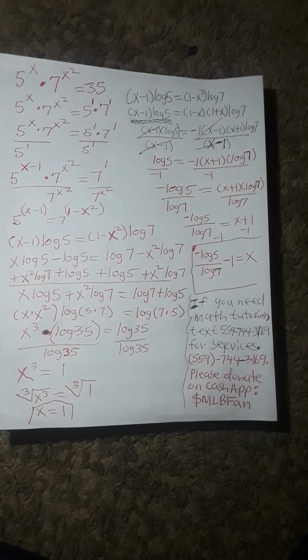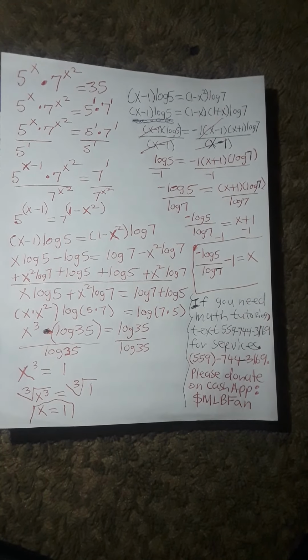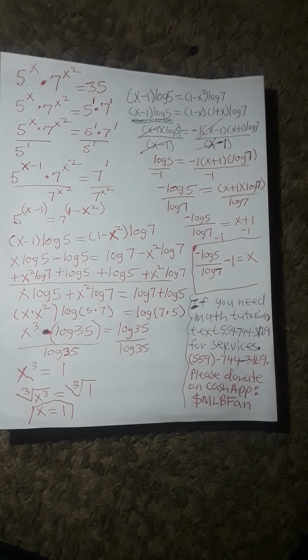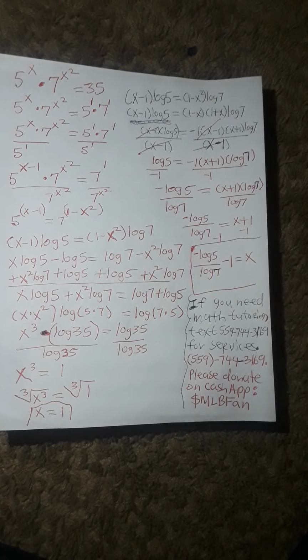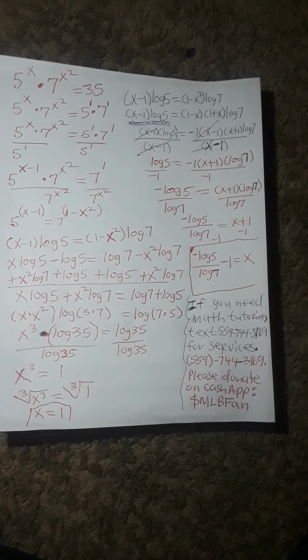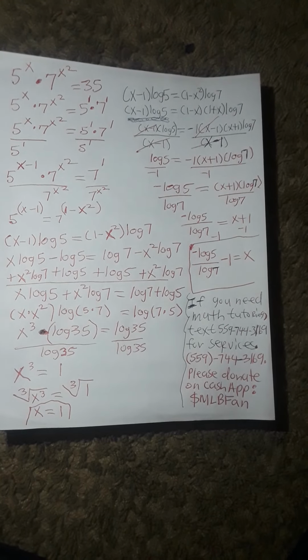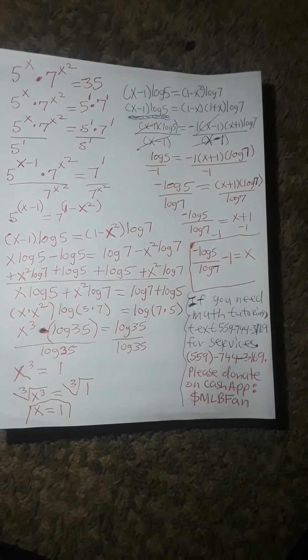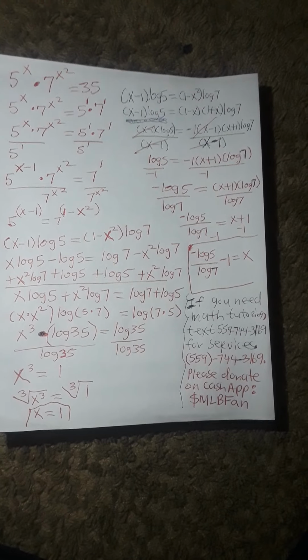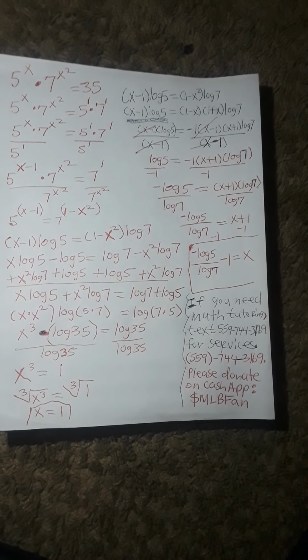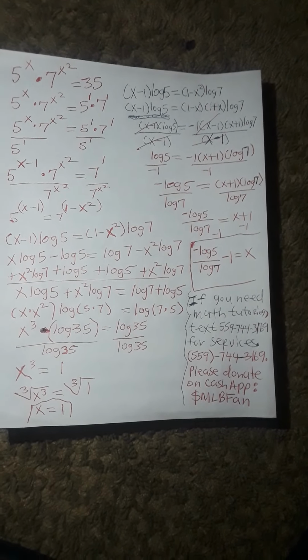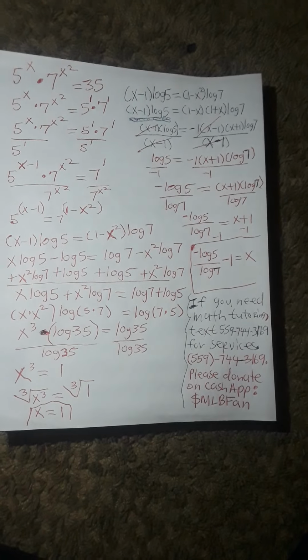So it's going to be x minus 1 and throw a log in between. So it's going to read x minus 1 log of 5 is equal to 1 minus x squared times log of 7.